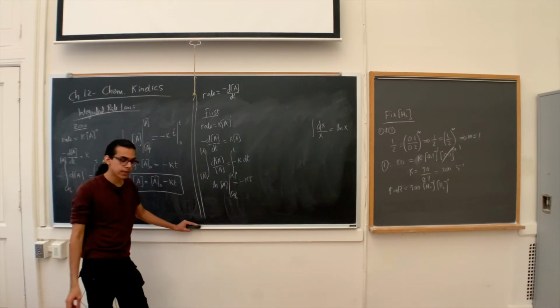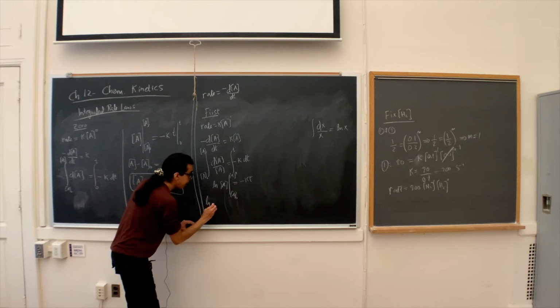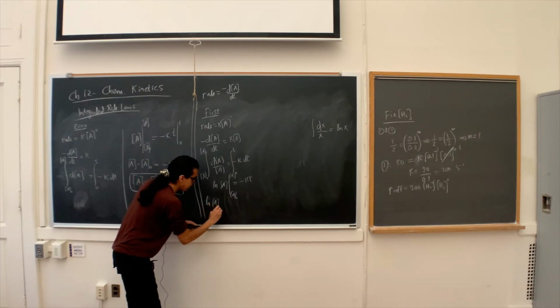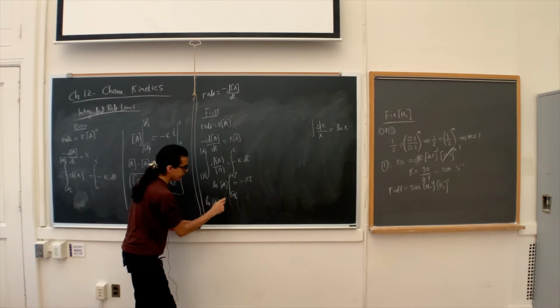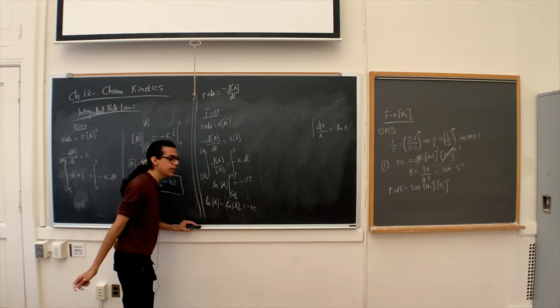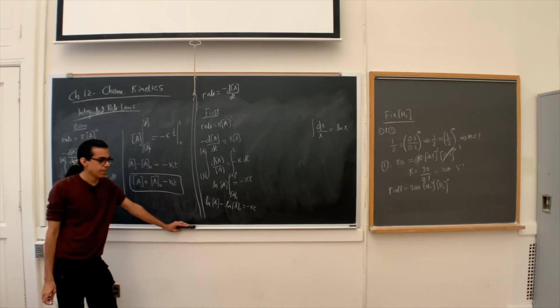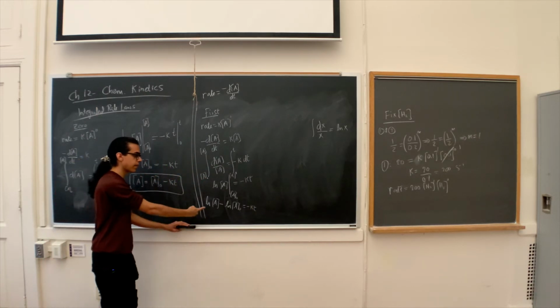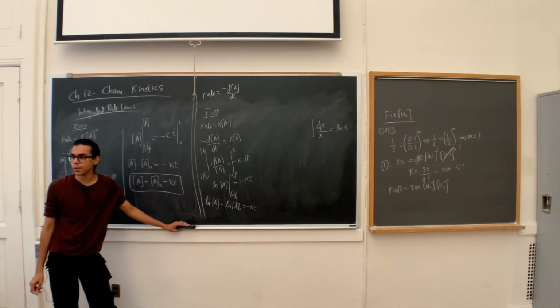Cool. Let's plug in the limits. ln of A minus, I'm going to plug in A naught, so ln of A naught equals minus kt. And if you solve for A, you're done.